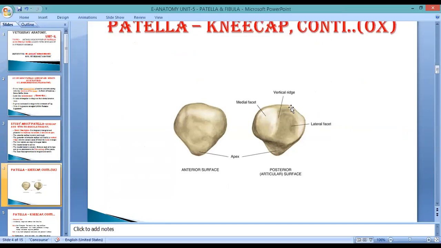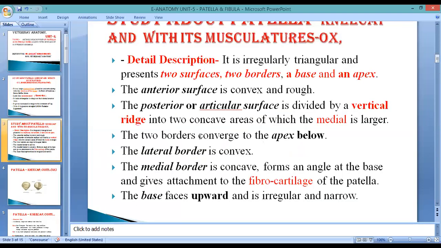The medial border is located on the medial aspect of the bone and the lateral border on the lateral aspect, but both run from base to apex, one facing towards the medial side, another facing towards the lateral side. So the two borders converge to the apex below, with the base upward. We have already discussed that the borders extend from base to apex.